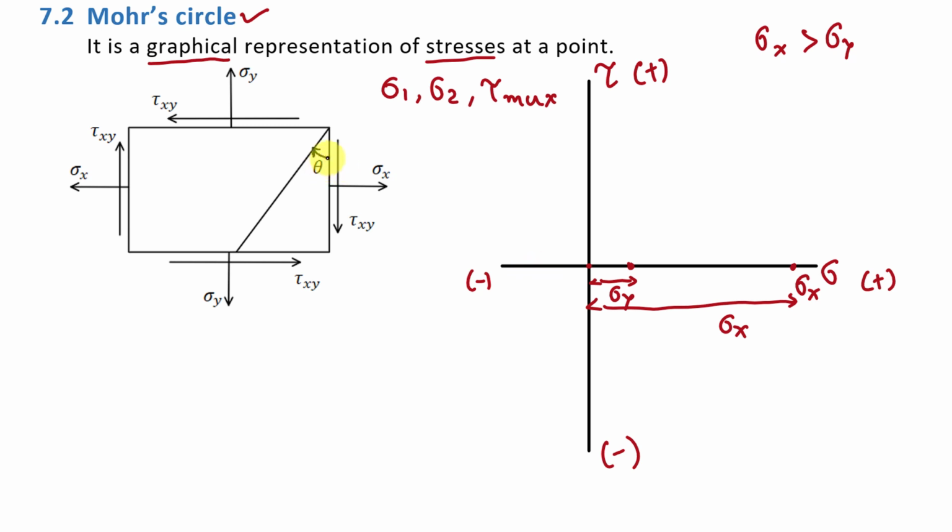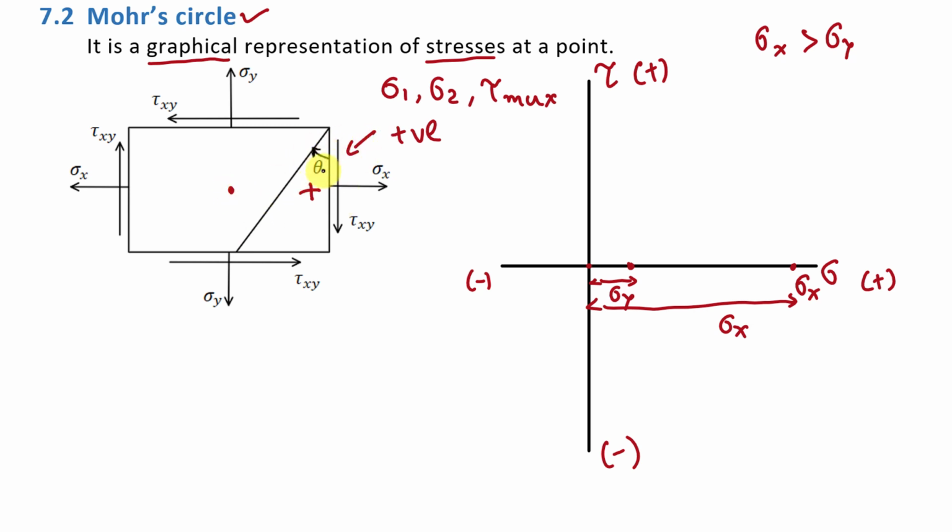We know that we take clockwise direction of theta as positive, and similarly we will take shear stress in the clockwise direction as positive. Here this stress is positive because you can see that with respect to this point, this shear stress will try to rotate this body in the clockwise direction. Fine?